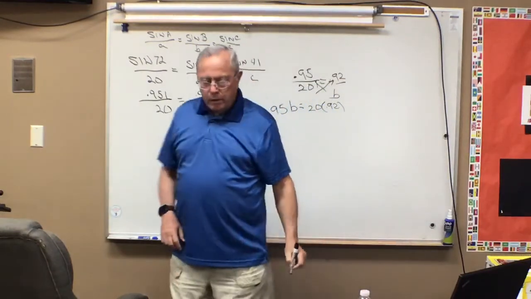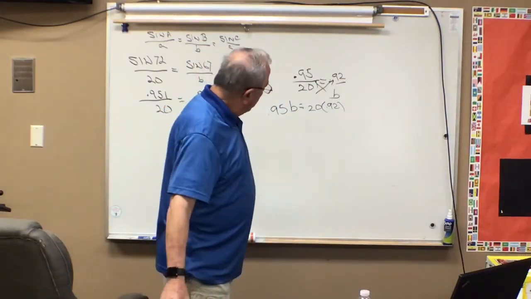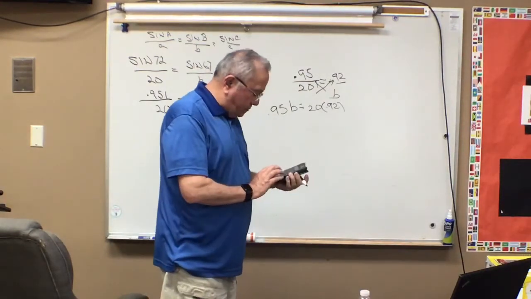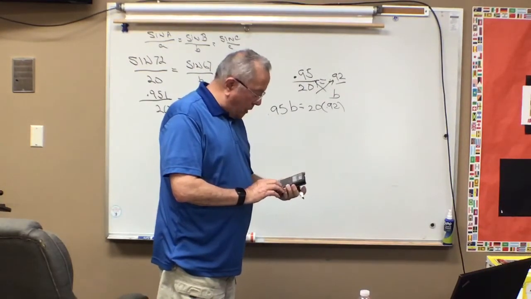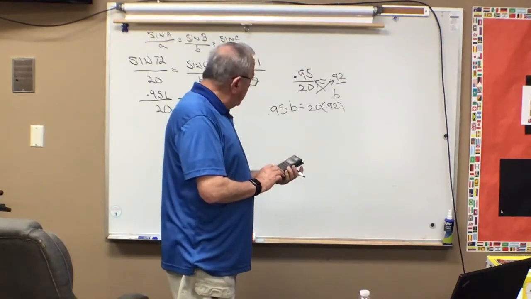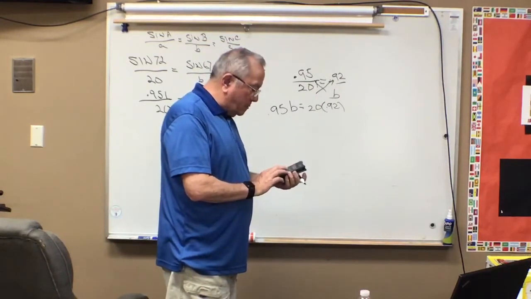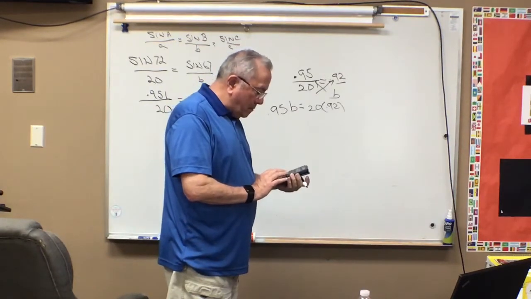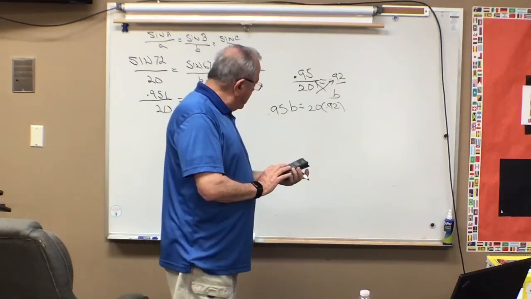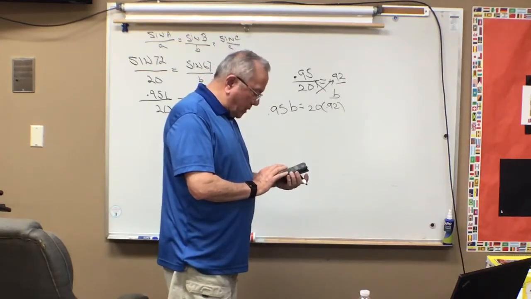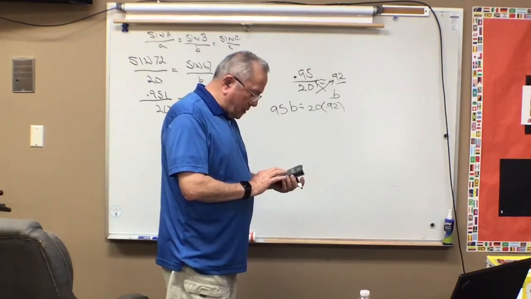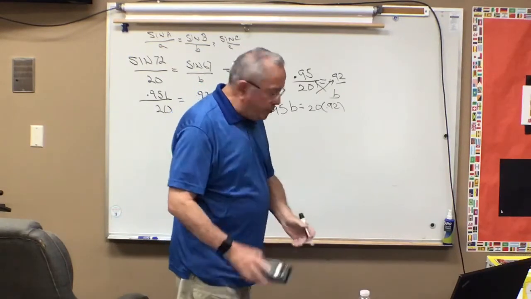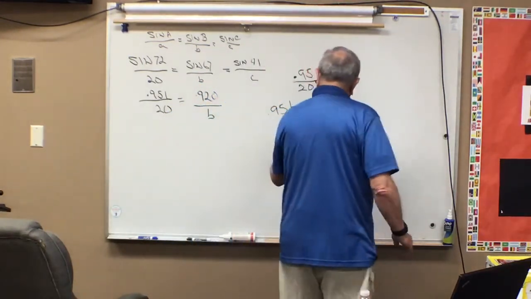So we need to get your calculators out. We're going to go 20 times 0.92, which equals 18.4, all right?